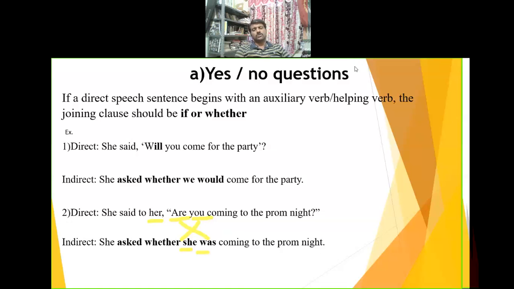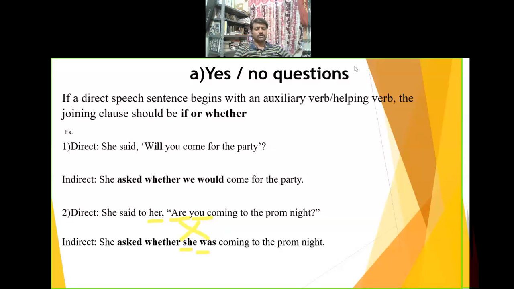So my point is very simple, my students. When you are changing interrogative sentences, you have to note that the interchange of subject and verb is very important. And the other rules are all the same. If it is present, change it to past; if it is past, change it to past perfect.